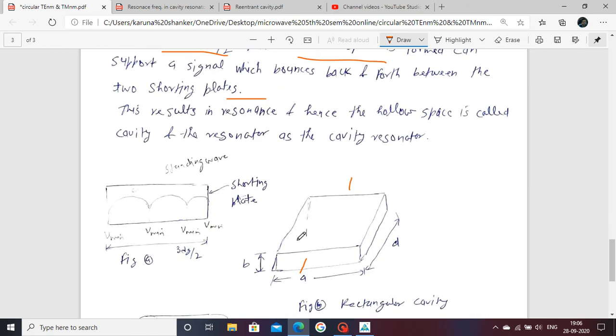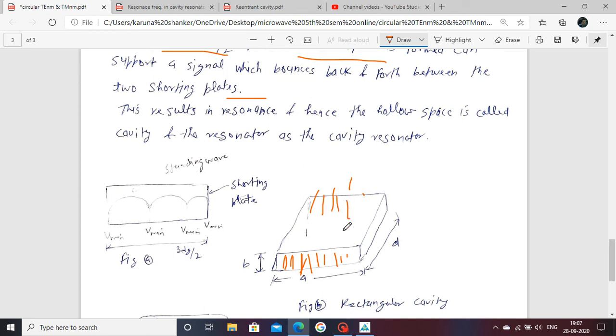See here, this is your rectangular waveguide. Now the shorting plate: this is an open end, and now we put a shorting plate. A shorting plate means we put a metal plate to form a complete box. This side was open, now we close it with metal at the front, and also put metal on this side, and now we complete a box.